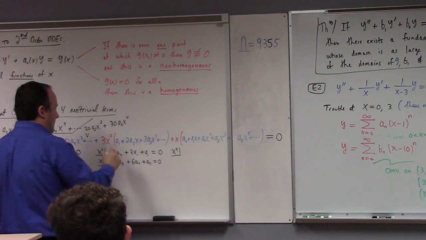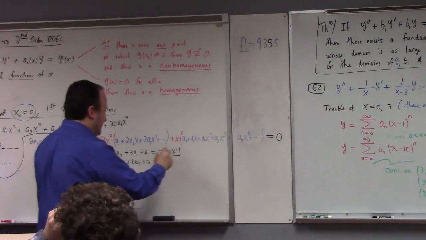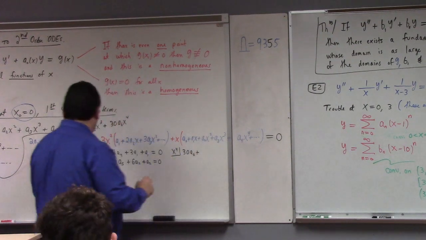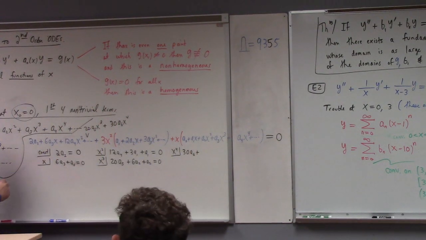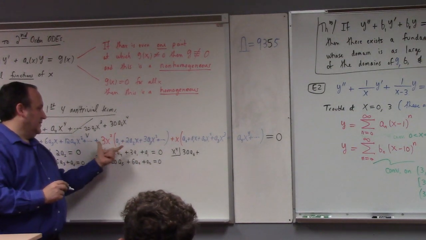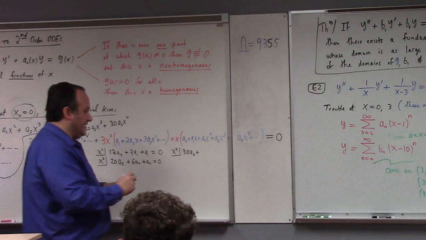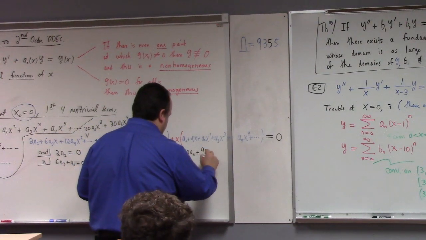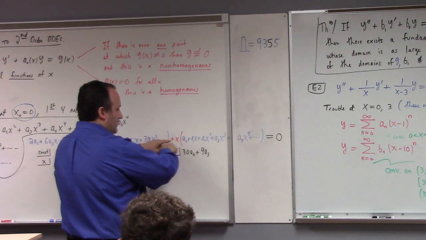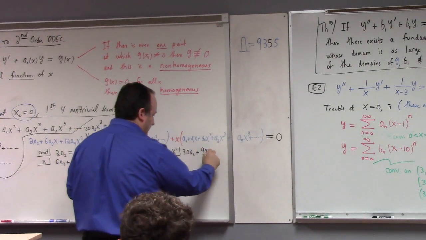X to the power 4. So we'd have a 30a6 plus, what's my x to the 4th term in here? 3 times 3, 9a3, right? Any x to the power 4 over here? a3, yeah, plus a3 again.